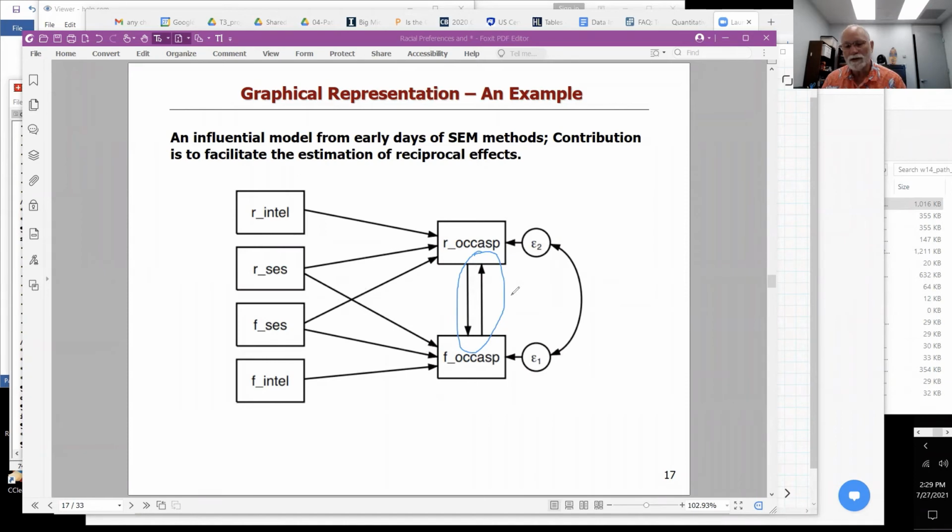To learn to do this, you'd have to take a course and get down and dirty to see how this all works out. But you will be able to estimate separate coefficients for the separate causal effects in a reciprocal relationship in a cross-sectional data set where otherwise, it would be impossible to estimate that relationship.